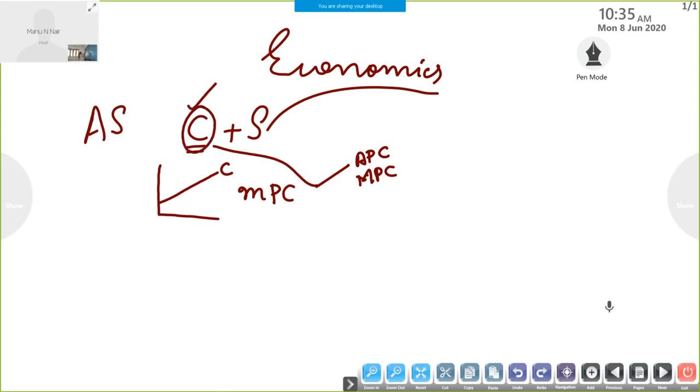That is all completed. Then we started saving. It has three situations: positive saving, negative saving and break-even point. Till here we completed.